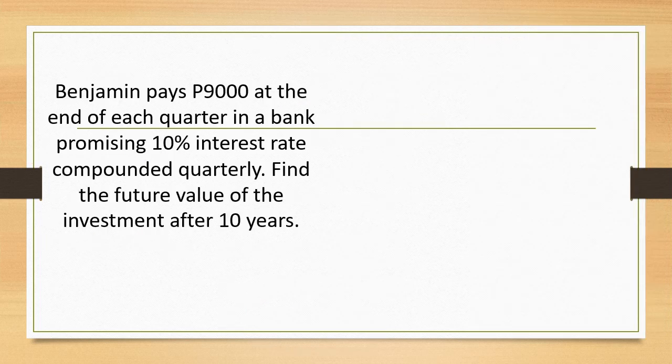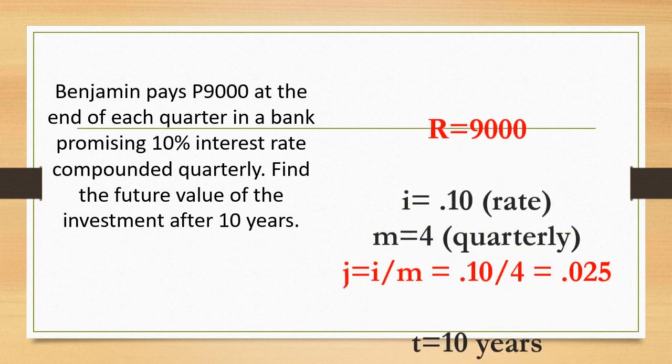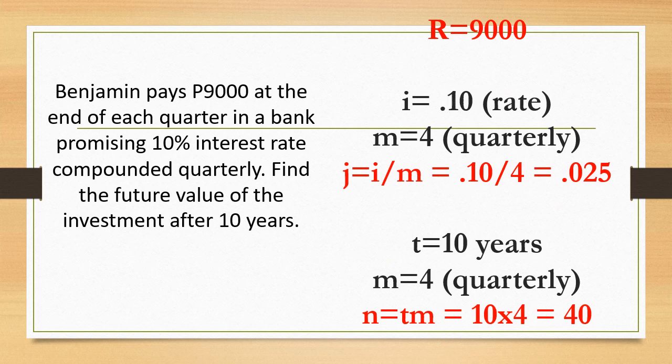Now, one more example. Benjamin pays 9,000 at the end of each quarter in a bank promising 10% interest rate compounded quarterly. Find the future value of the investment after 10 years. So our given is our 9,000, the regular payment, 10% interest rate, 0.10, convert to decimal, compounded quarterly.